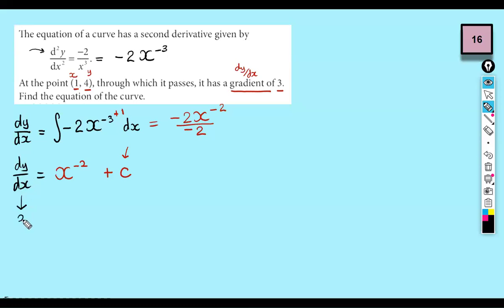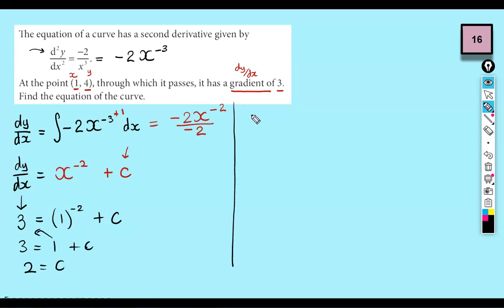So for the gradient to be 3, x needs to be 1. 1 to the power anything is 1. Obviously, we solve for c, and we get c as 2. So this is what we know so far: dy dx is equal to x to the power minus 2 plus 2. And now we know the value of c.